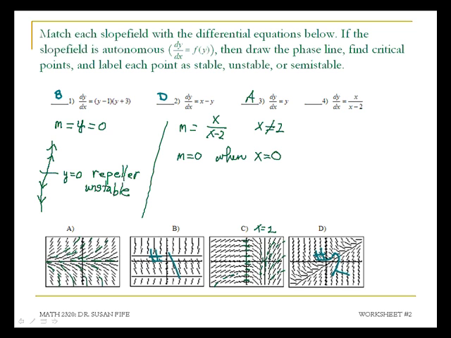That's going to be these points to the left of x equals 0. And then in between x equals 0 and x equals 2, x is going to be positive, x minus 2 will be negative, and the quotient will be negative. So it's decreasing between x equals 0 and x equals 2. Anyway, equation 4 is graph C.